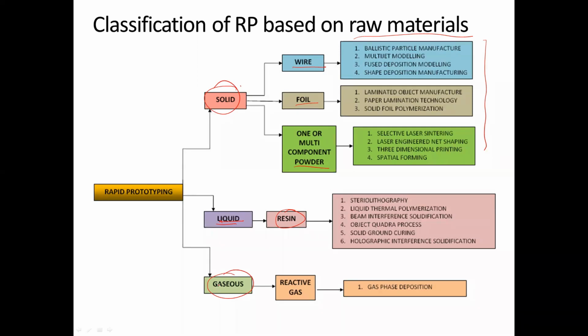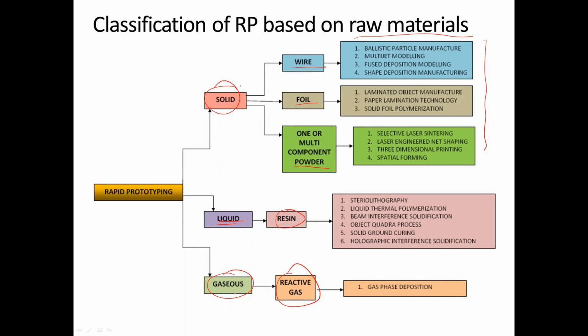So this reactive gas based system actually works on a very simple principle, that when you bring out two gases who react with each other, those two gases will cause a chemical reaction, and that chemical reaction will evolve some amount of heat within the process, and that heat will be utilized for solidification process. So that is the basis of developing the gaseous system. Primarily what we focus is solid and liquid, definitely.